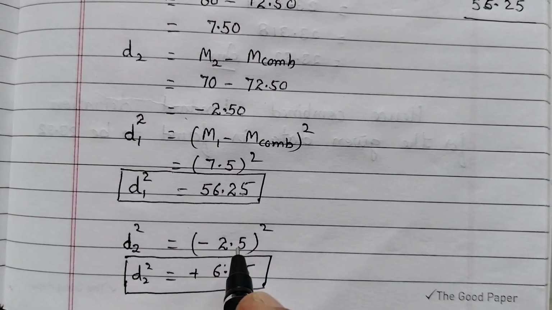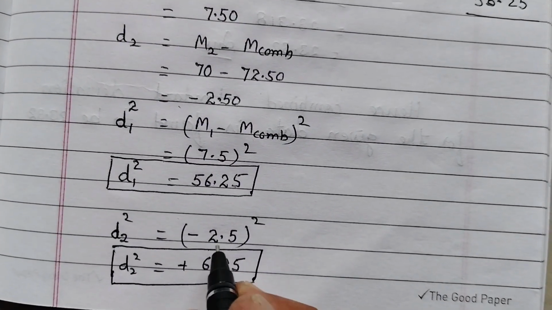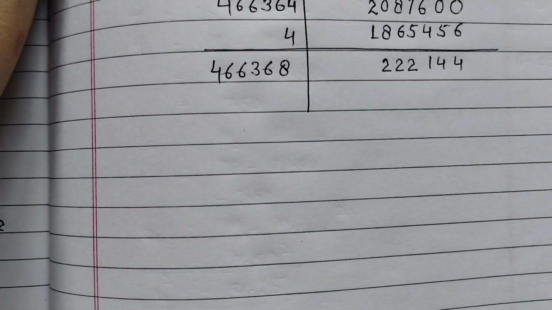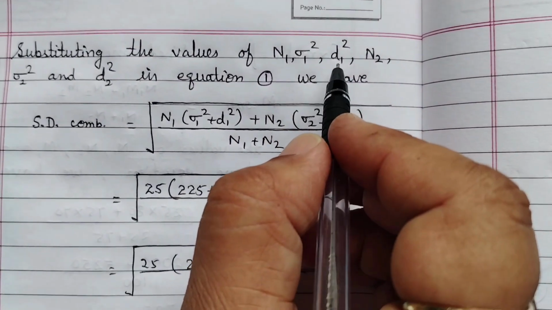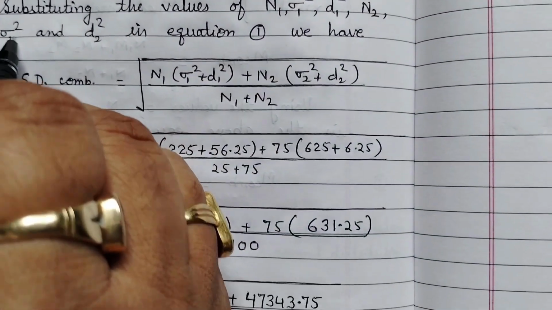Now d2 square is equal to minus 2.5 whole square, minus square is equal to plus, and 2.5 square is equal to 6.25.